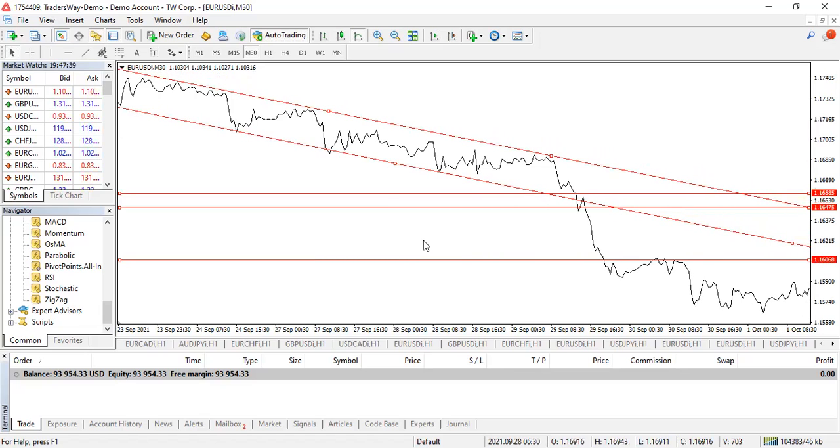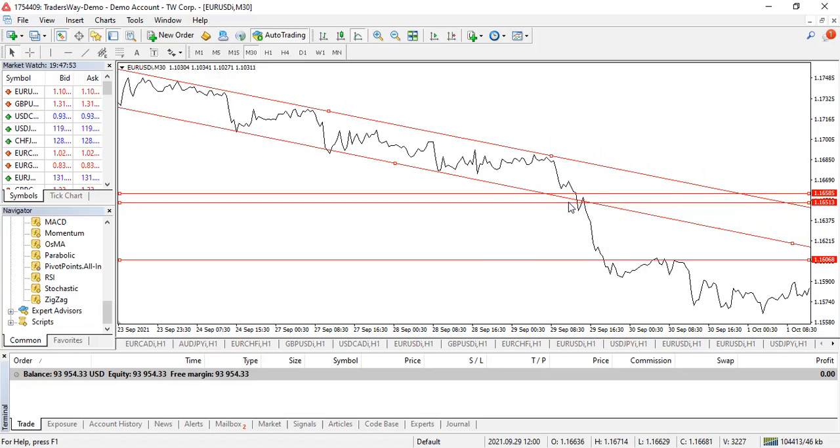But if I am entering this trade aggressively, the moment it breaks out of the channel here, I'm going to enter the market immediately. And when I enter immediately here, by here I'll make a little profit. Then the market will reverse back.